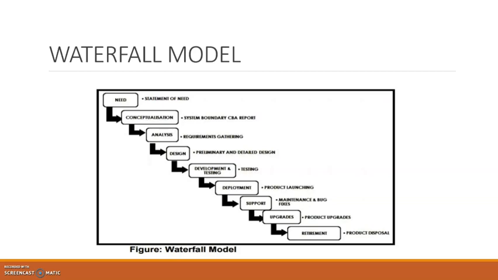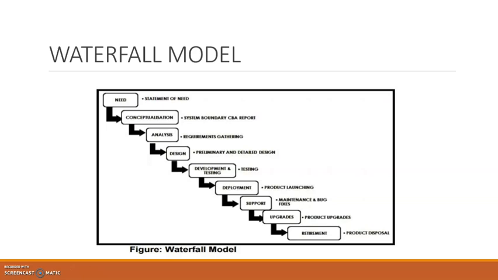But even though we have found the possibility of error in the initial stage, we can only correct that in the support phase or after the support phase. Okay, so this is one disadvantage of going for this model.